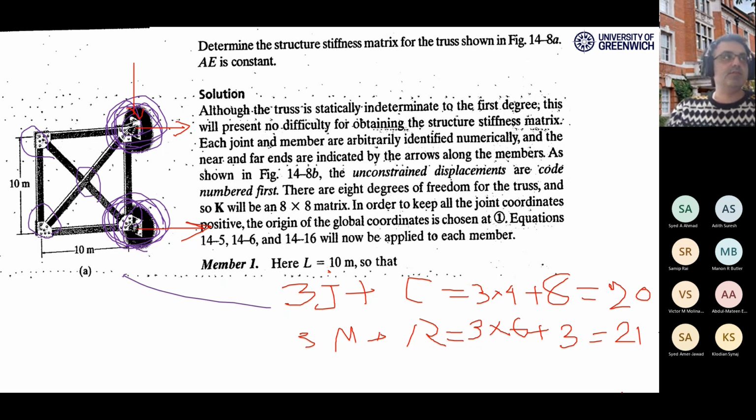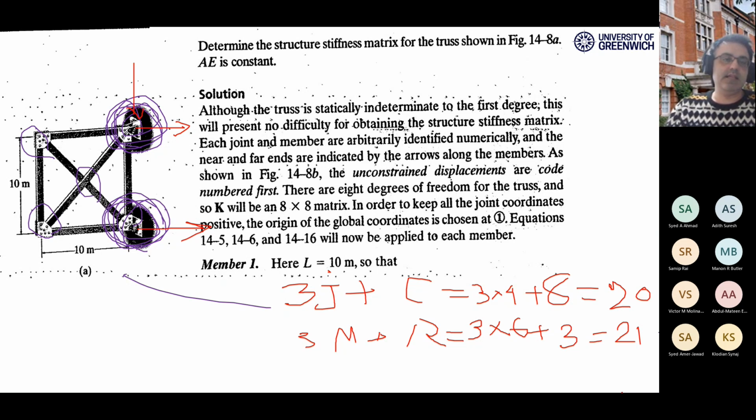And this is a good example to express that for the matrix analysis, for the direct stiffness analysis we are currently employing, it doesn't matter really if the structure is indeterminate or not. We do the same procedure for solving this truss structure as we do if it's a determinate structure.